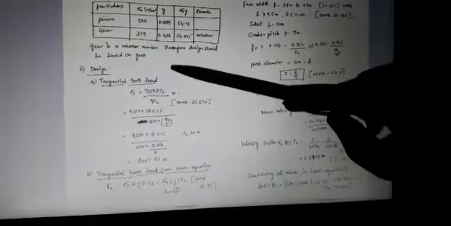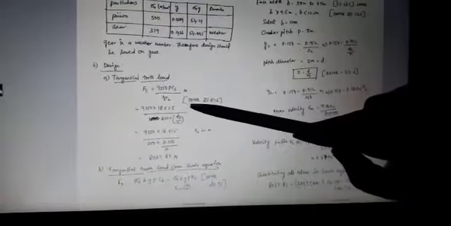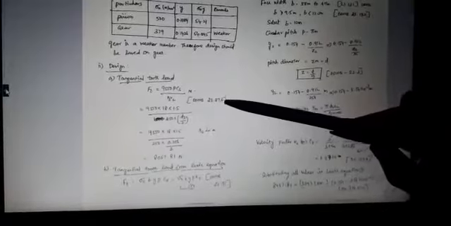For the tangential tooth load, I already explained the procedure and where the formulas are available. In the new data handbook, equation number 23.87b gives the formula for tangential tooth load Ft.